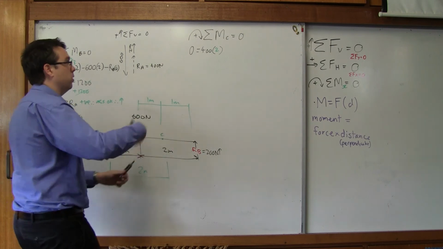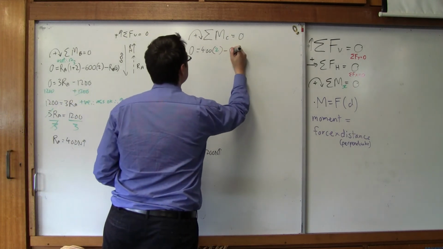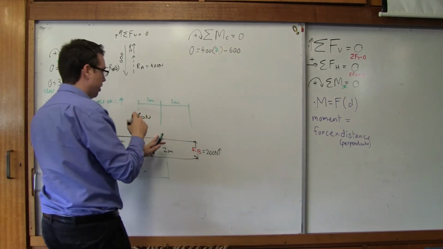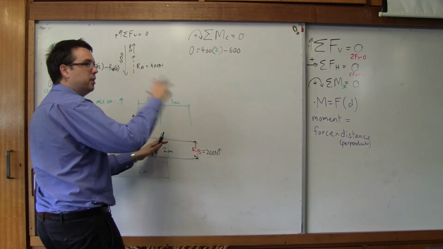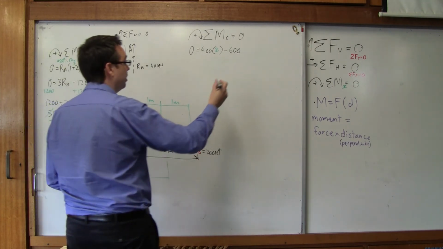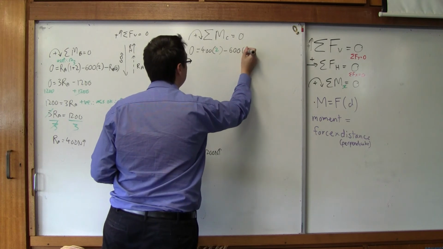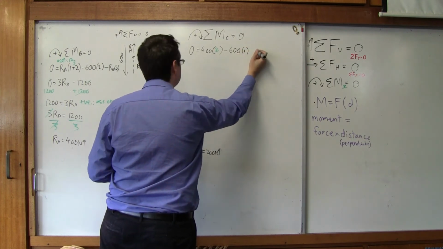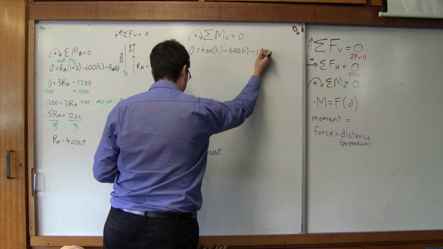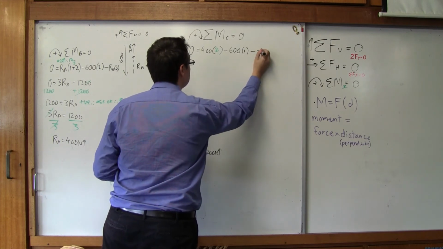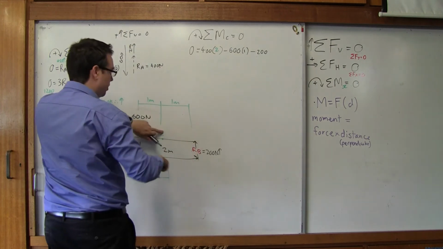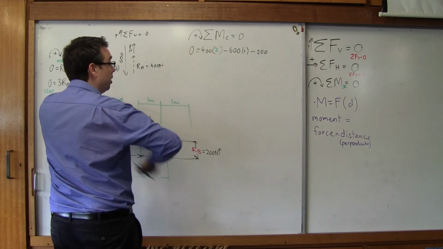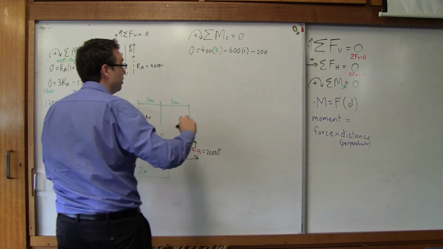RA is going clockwise. The next force is 600. Is it going clockwise or anti-clockwise? It is going anti-clockwise. So I'm going to leave that as anti-clockwise, and its distance is 1 meter. That's pretty apparent. And then the last force is RB, which we said was 200 newtons. Relative to C, that force is going up, so it's also going anti-clockwise.